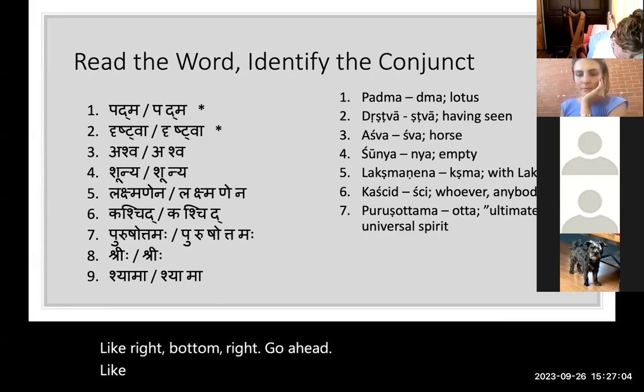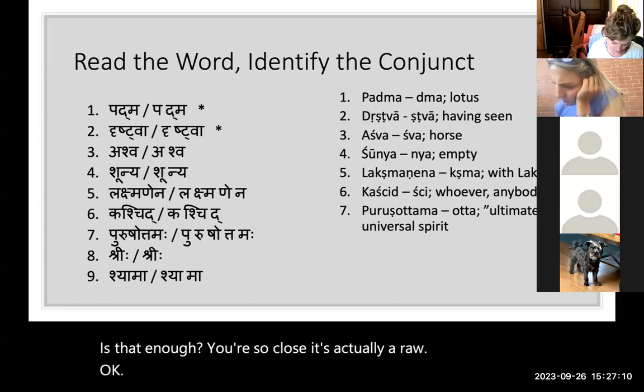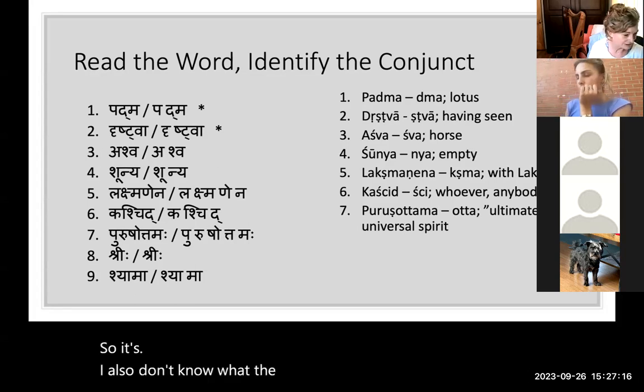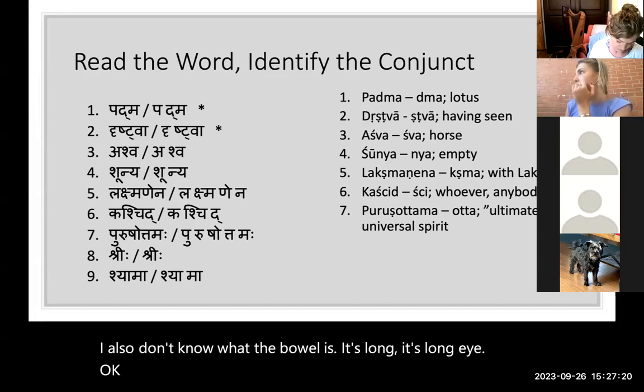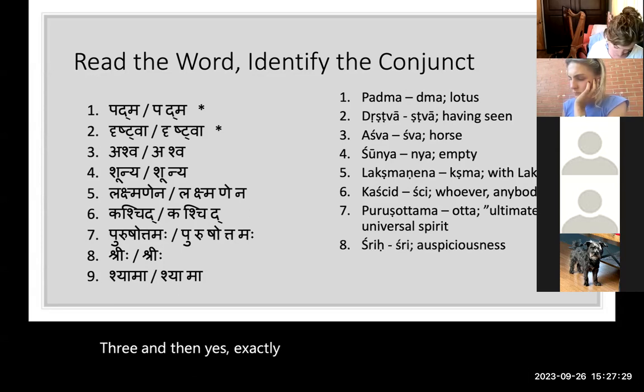Like, is that a na? You're so close. It's actually a ra. I also don't know what the vowel is. Oh, it's long I. Okay. So it's sha, ra, long I. Yes, exactly. Shrihi.